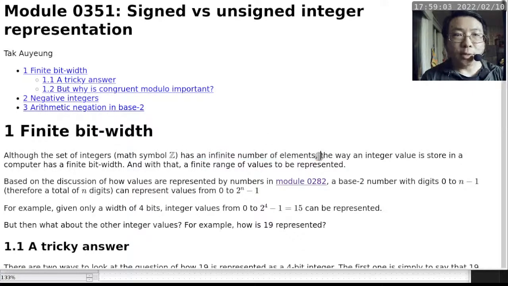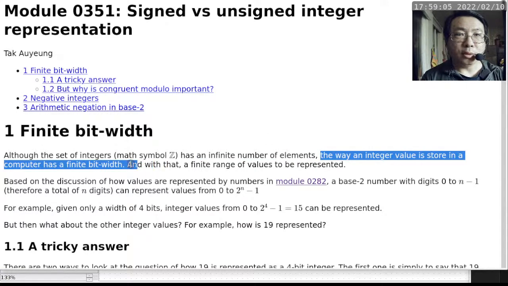However, when you store an integer in a computer, it has to have a fixed width. Now, there are some programming languages that can handle integers of a variable width. You can do that with certain programming languages, but if you want your program to run efficiently with a normal processor, you want to fix the width of your integers to whatever width your CPU is designed to handle.